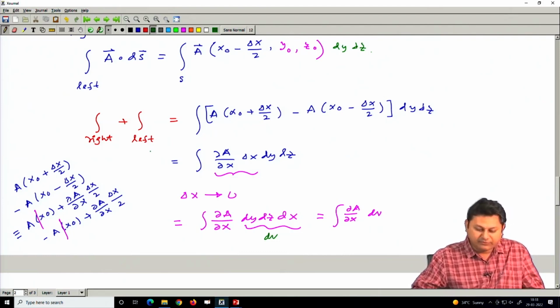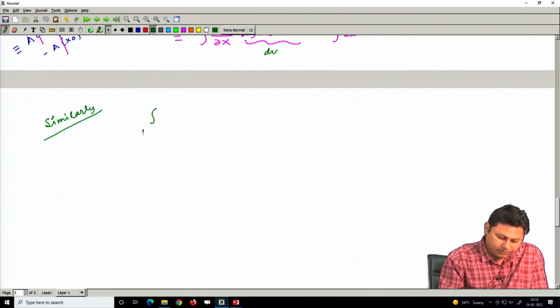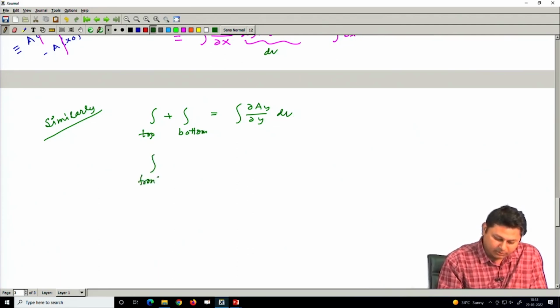Now, if I want to calculate for all the pairs, similarly for top plus bottom, exactly in the similar way, you will have del Ay del y dv, and for front and back, you simply have the corresponding z term.